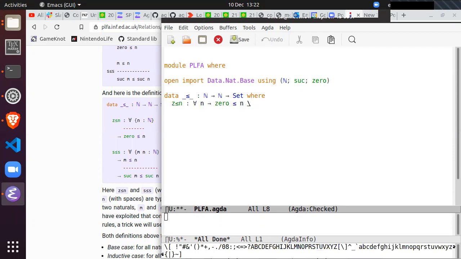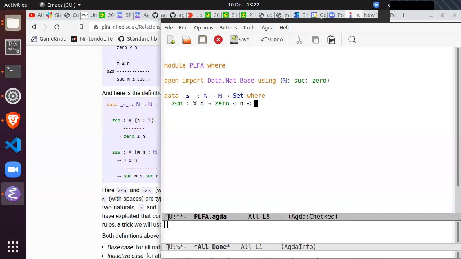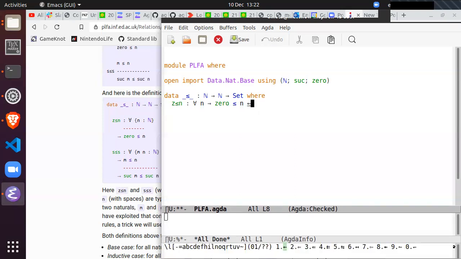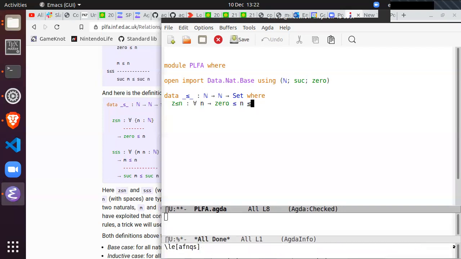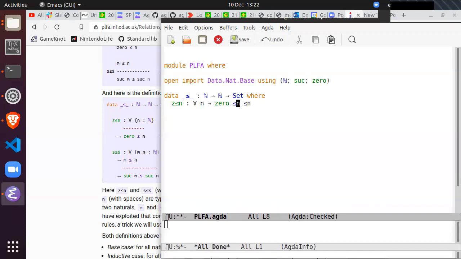What I have learned to do by muscle memory is that you press LE, space, n, and the space always gets you out of the Unicode. You need the space anyway, because if you type LE and then n, this is just a name.